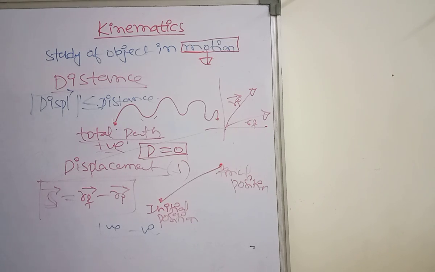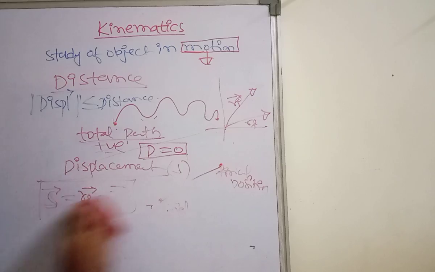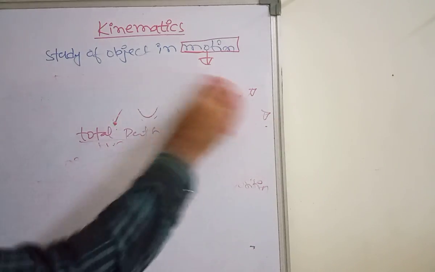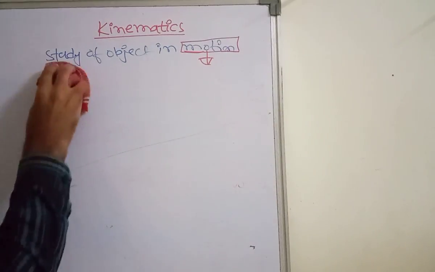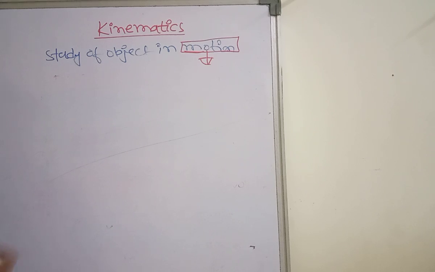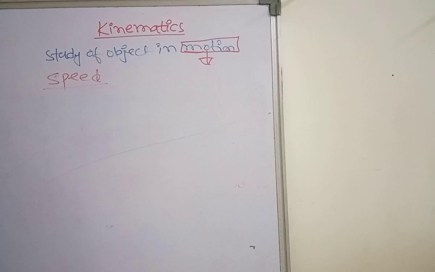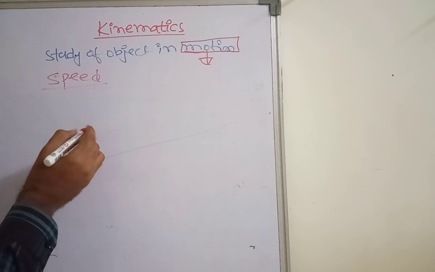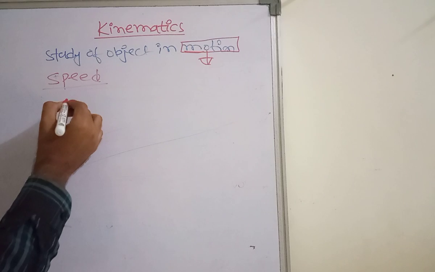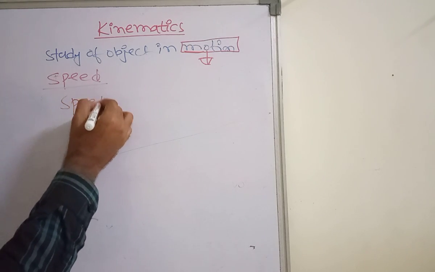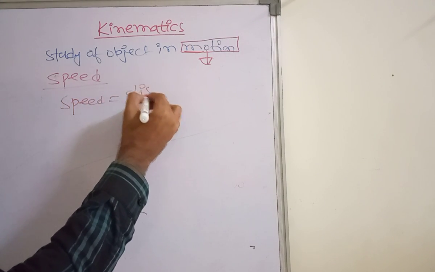Next, speed. What do you mean by speed? The rate at which an object covers a distance is called speed. Speed is equal to distance by time.